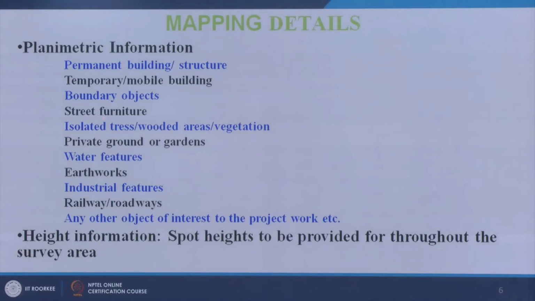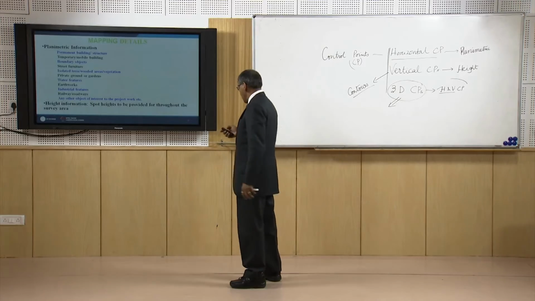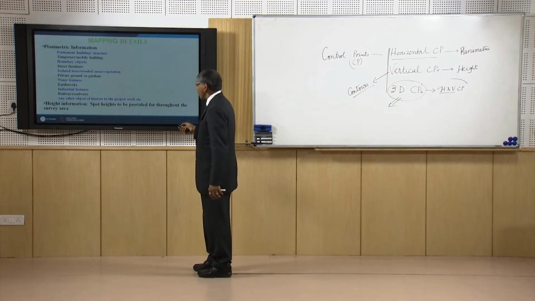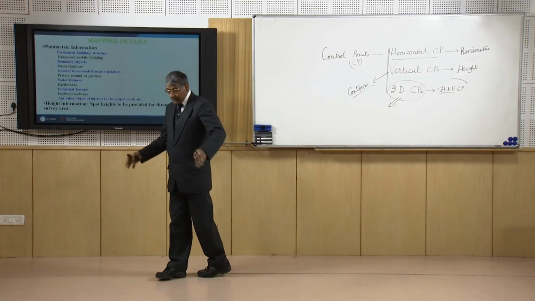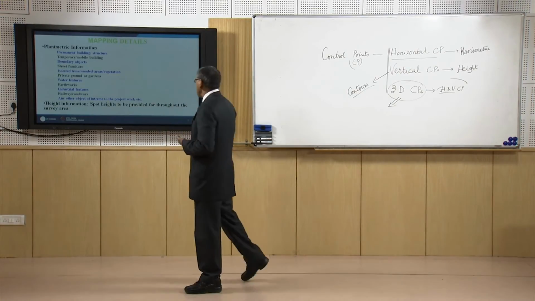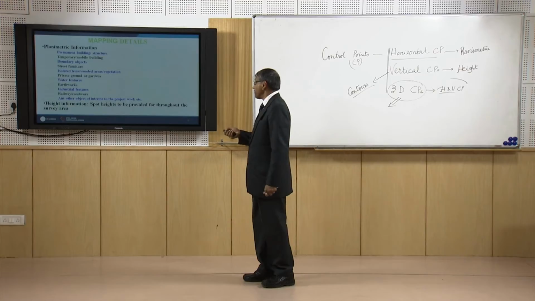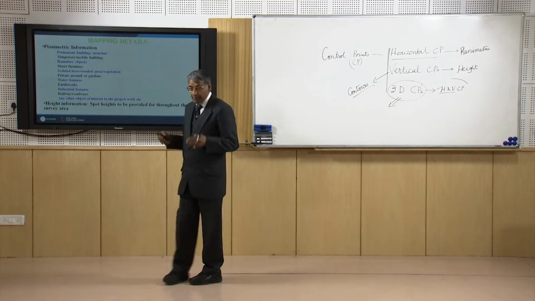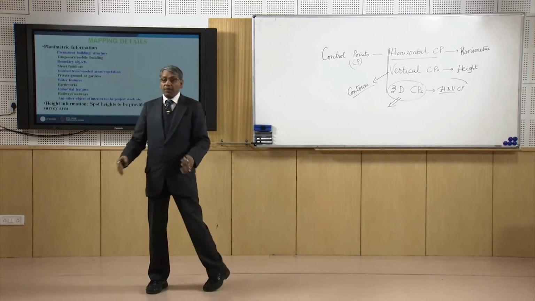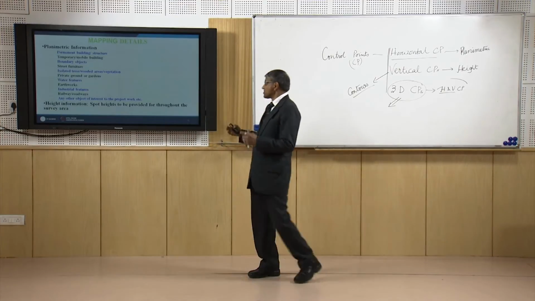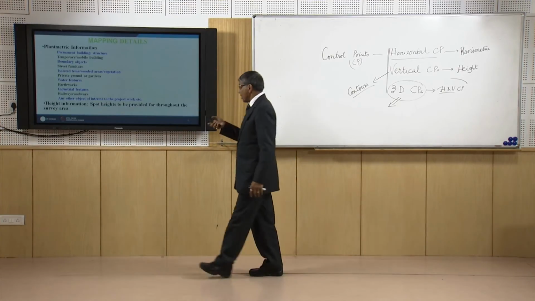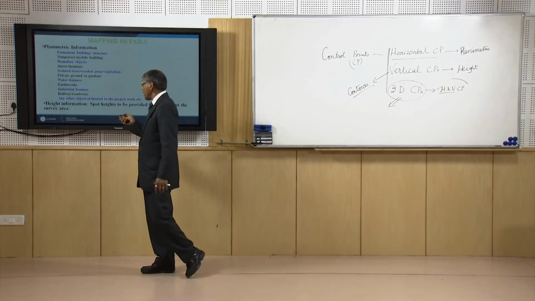Then there may be different types of trees or wooded areas or vegetation; those have to be marked in our map. Then private ground or gardens, if available, have to be noted down. Then water features, that means there may be a pond, a river, or other drainage systems. All those things have to be noted down.